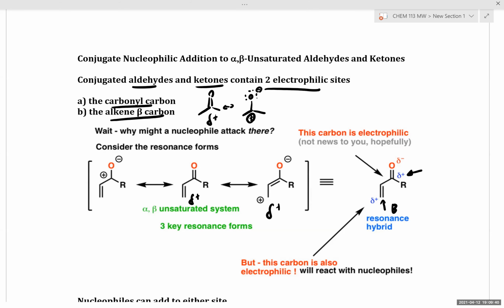So when unsaturated or conjugated ketones and aldehydes react with nucleophiles, we have to consider which site gets attacked by our nucleophile. And it depends on the sterics and electronic character of our nucleophile. Does this initial idea make sense? Unsaturated ketones and aldehydes have two sites of reactivity.